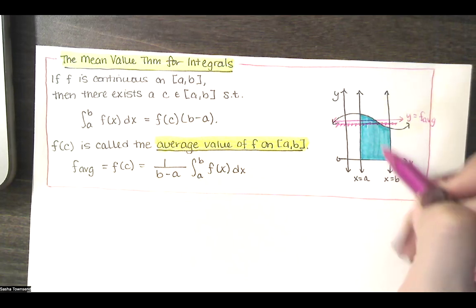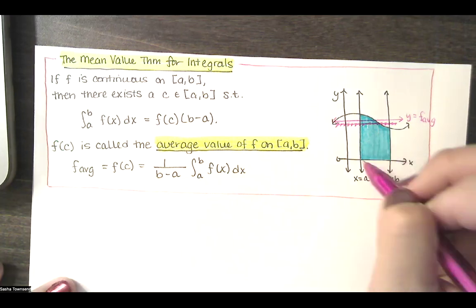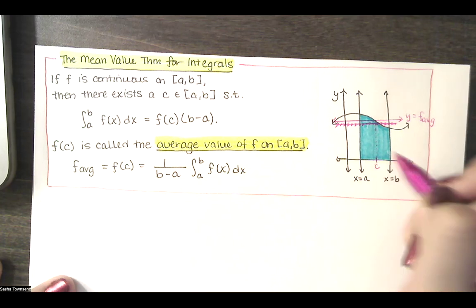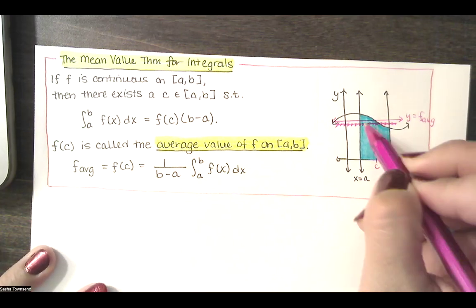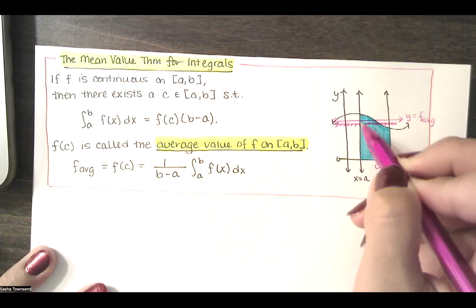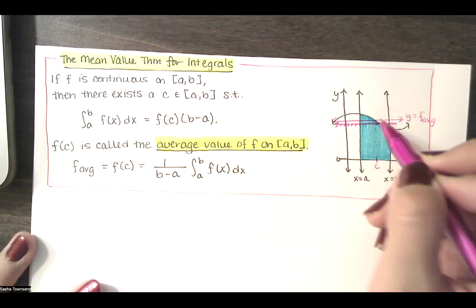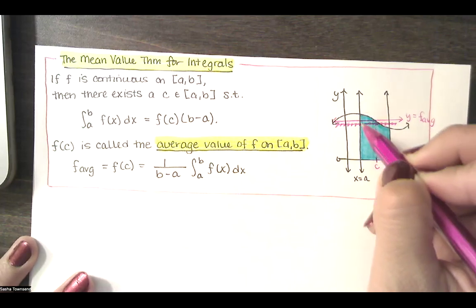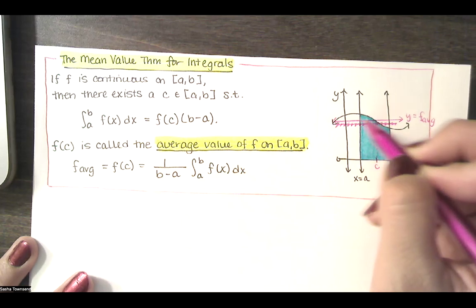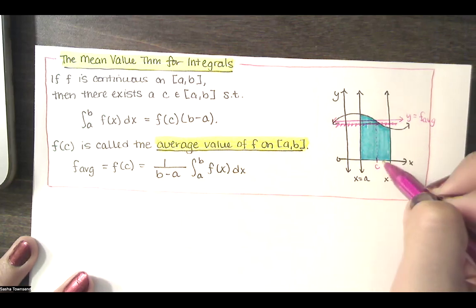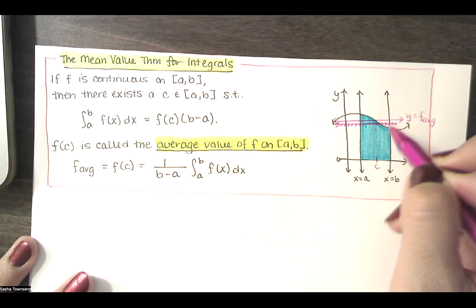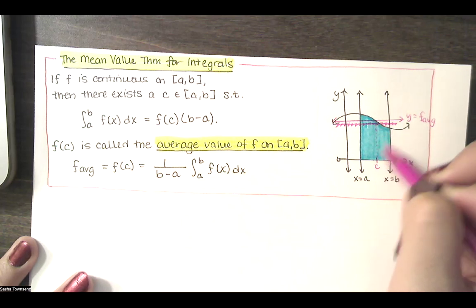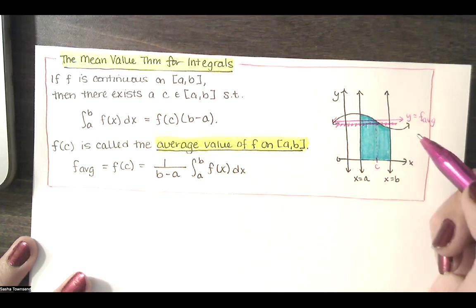Now, on the interval from this x value to this x value, the area of that rectangle is an underestimate of the true area under the curve, because the actual area under the curve is this area plus this extra area. But on the interval from c to b, the area of this rectangle is actually larger than the area under the curve because of that white area there.